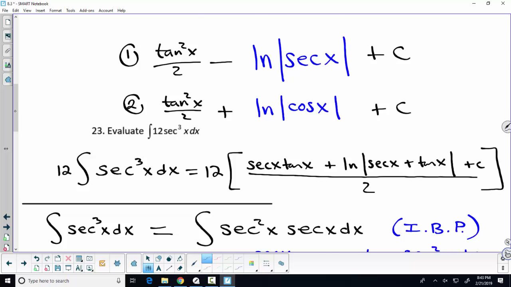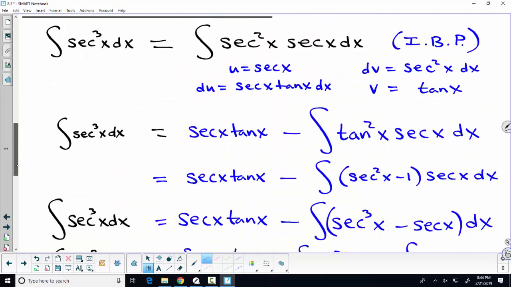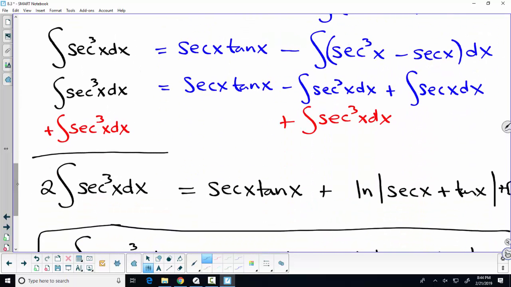You'll get the same result, because secant cubed will have secant to the first tangent over 2, and then we'll end up integrating secant here, ln absolute secant plus tangent. So feel free to verify if you want to do that. So that was the antiderivative of this right here. Okay. That's one of the ones we just have to know from the first page.